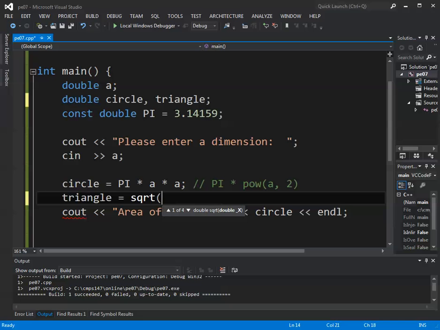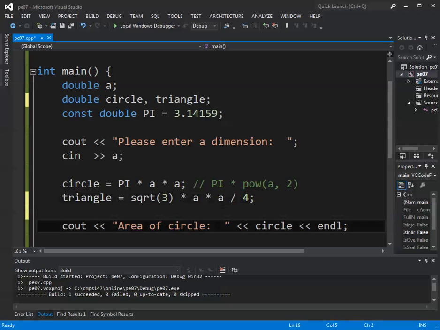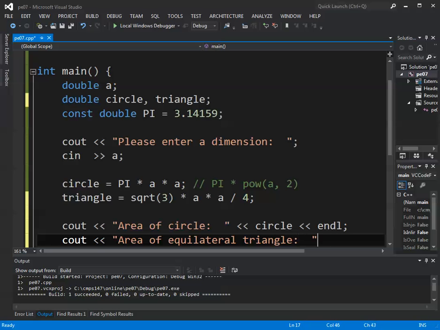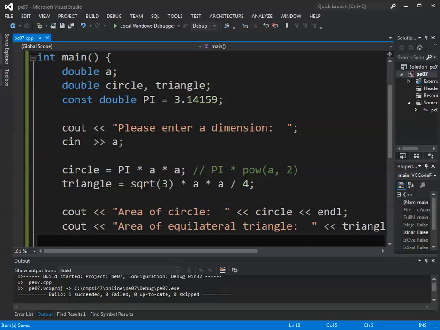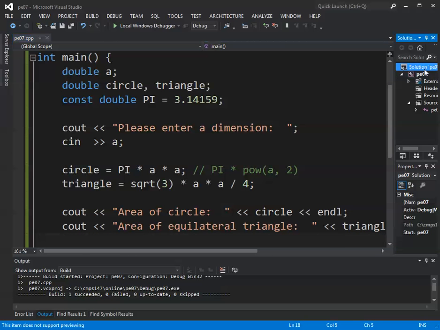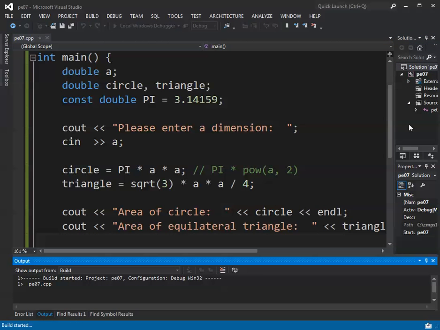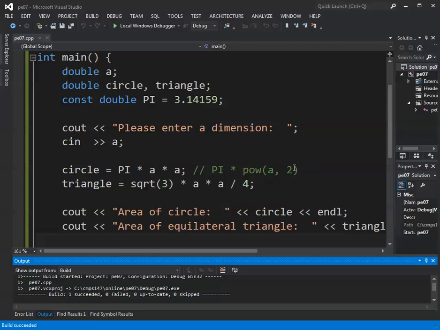So we can do square root 3 times a divided by 4. We could have done also square root 3 divided by 4 times a, which would really be the same number. And so we'll use our test case.